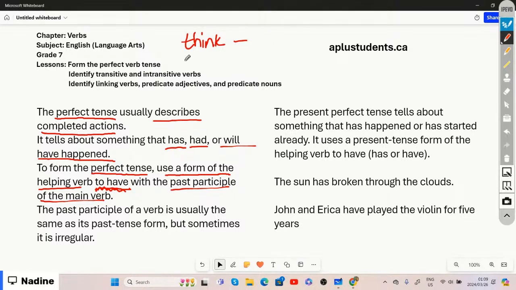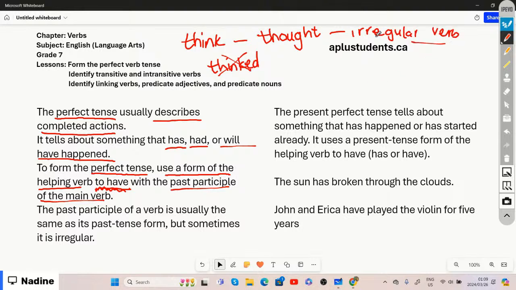Think. So we don't say in the past tense, I think. This is wrong. We say in the past tense, I thought. So this is an irregular verb.